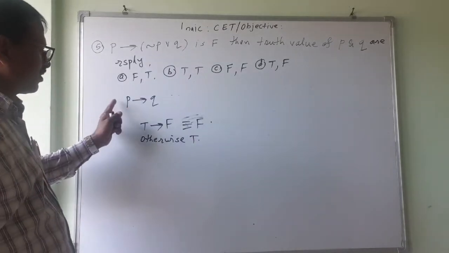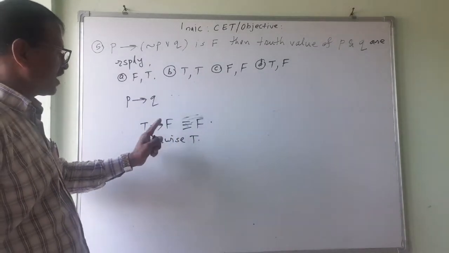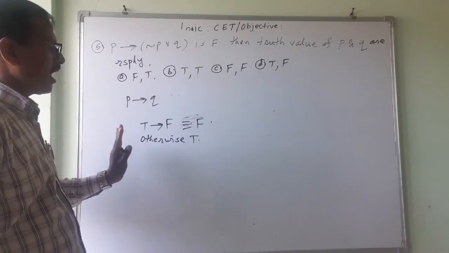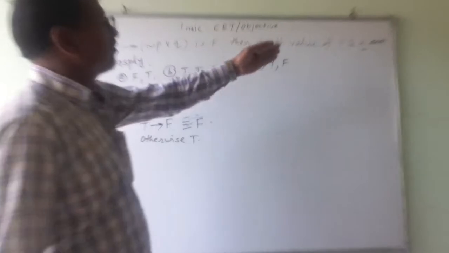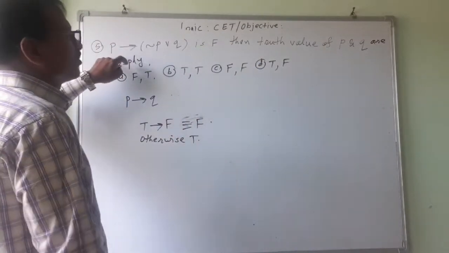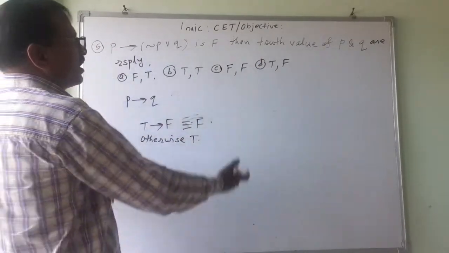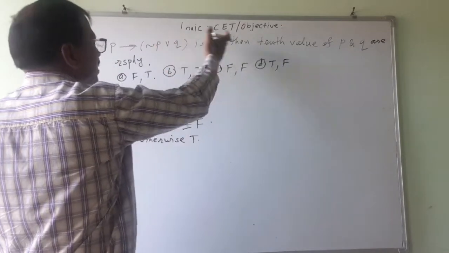Means the first should be true, second should be false, then it will be false. Otherwise it will be true.